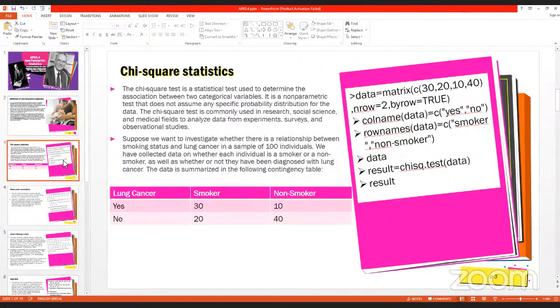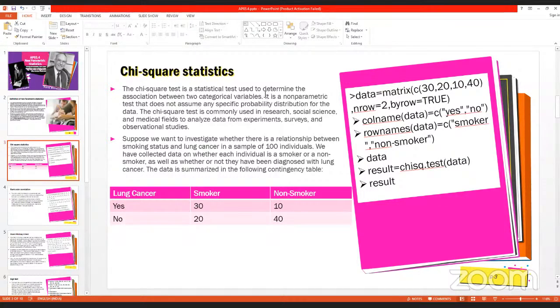So now we will do some practical to understand it better. First we will start with chi-square statistics, which is also a non-parametric test. You all have done this chi-square practical before, right? So you know why we use chi-square statistics.